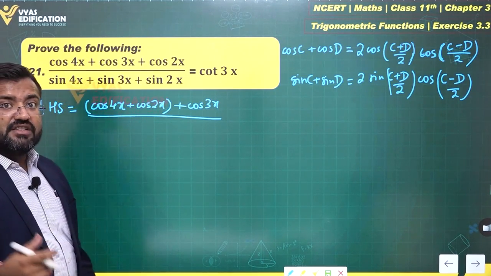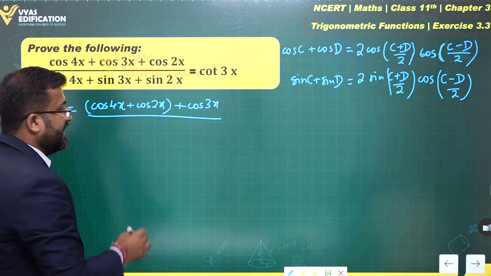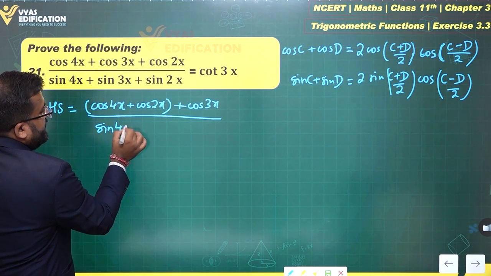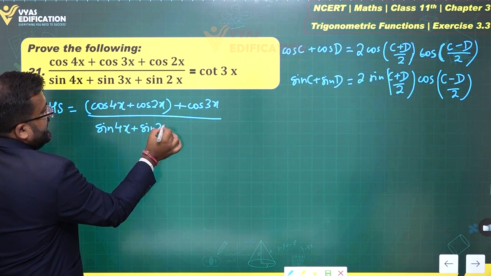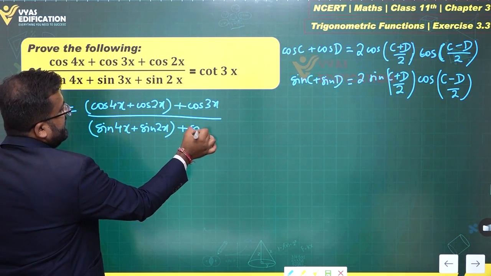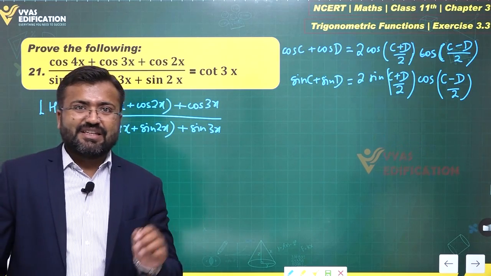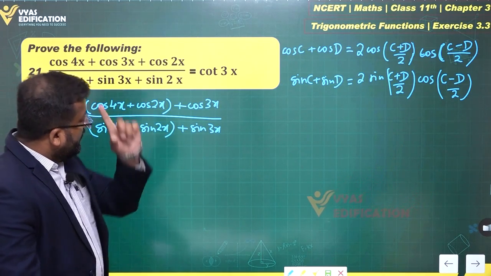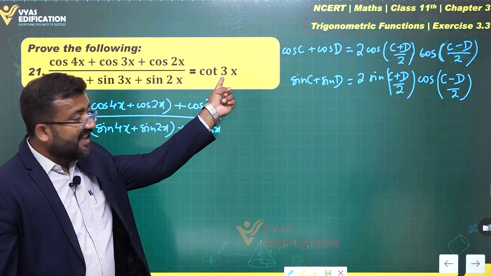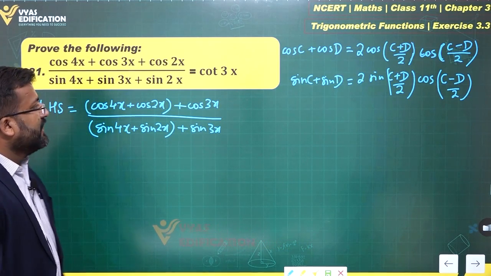What about the denominator? Similarly, we'll club together two extreme angles. Sin 4x and sin 2x will come together, and sin 3x will remain separate. Remember, keep in mind that you have to reach this angle 3x finally. How do we reach that?